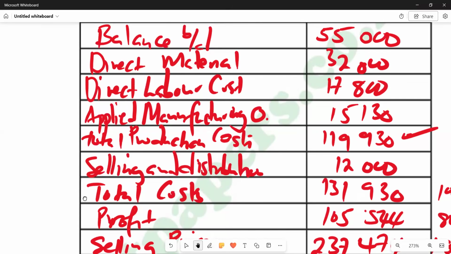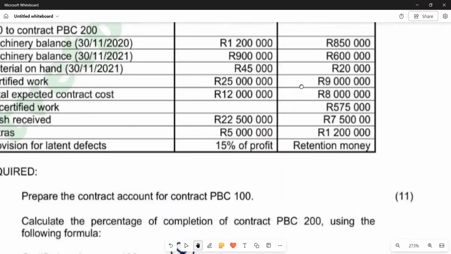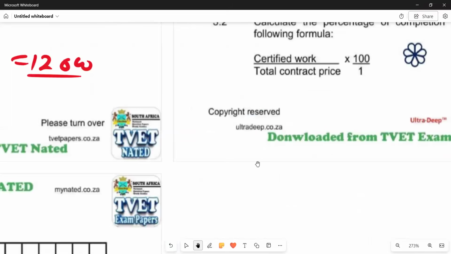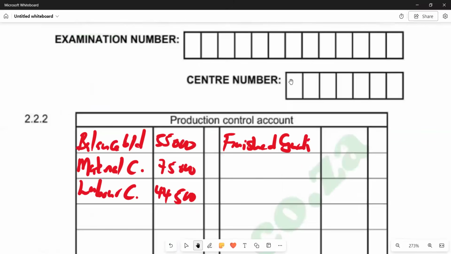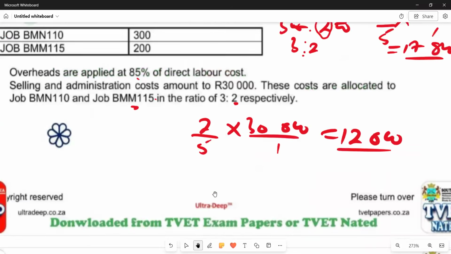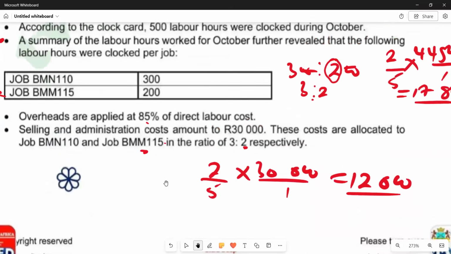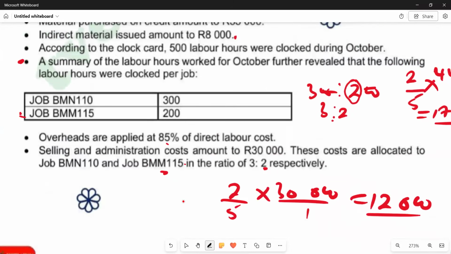So we can just go back there again. 119,930. So this is what we have. Then we also have the figure for applied overheads. Let's go there and see the instruction on applied overheads. Applied overheads is saying it's 85% of direct labor cost.